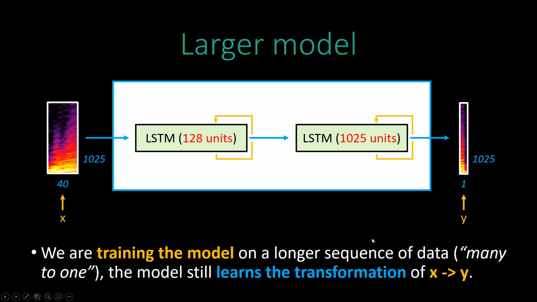So we are again learning a correspondence between x and y. We processed the dataset by splitting it into blocks and the next frame prediction, and then we will be training this model on this relation.